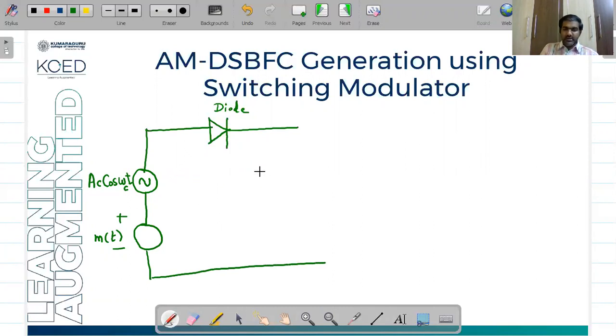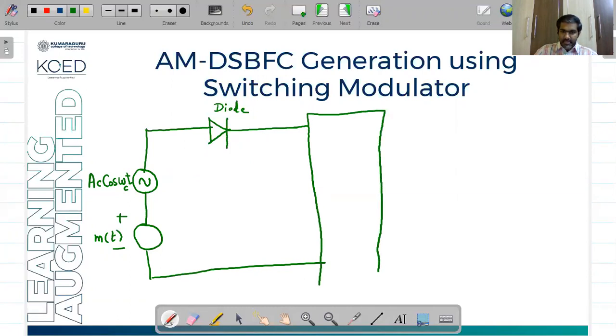This is given to a band pass filter, BPF. It is a band pass filter with FC as the center frequency and a bandwidth of 2 times FM.